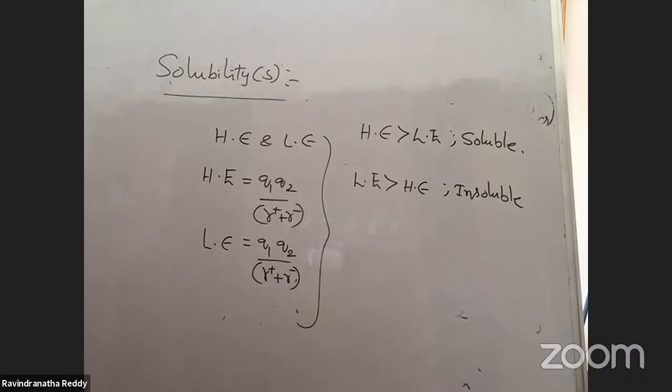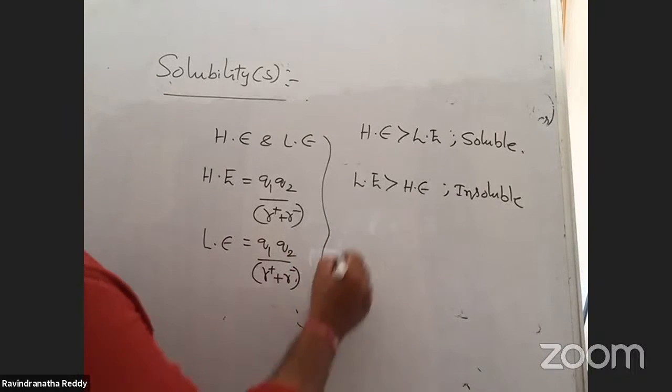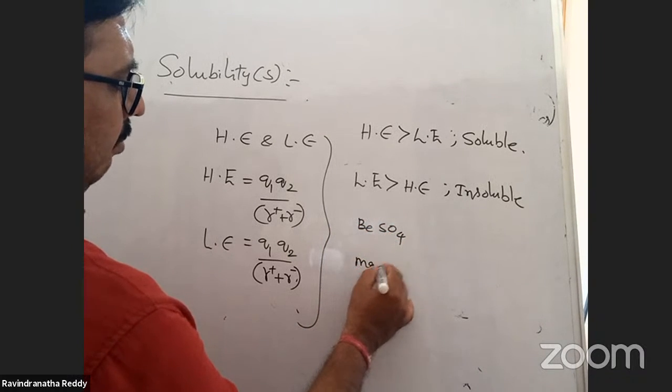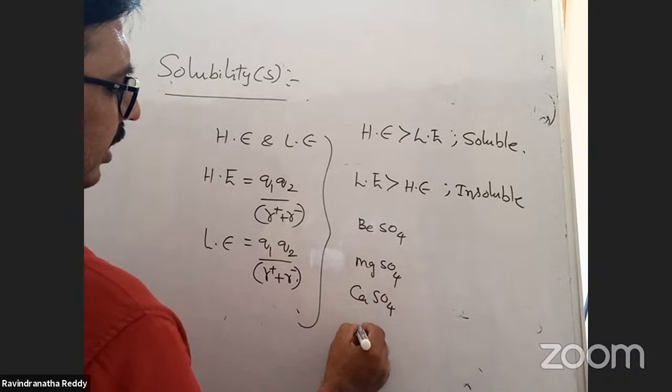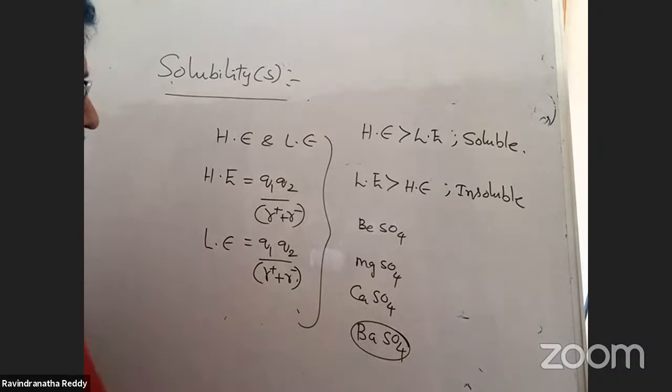Regarding the solubility condition, suppose you take beryllium sulfate, magnesium sulfate, calcium sulfate, strontium sulfate, barium sulfate, like that. Barium sulfate is insoluble in water.